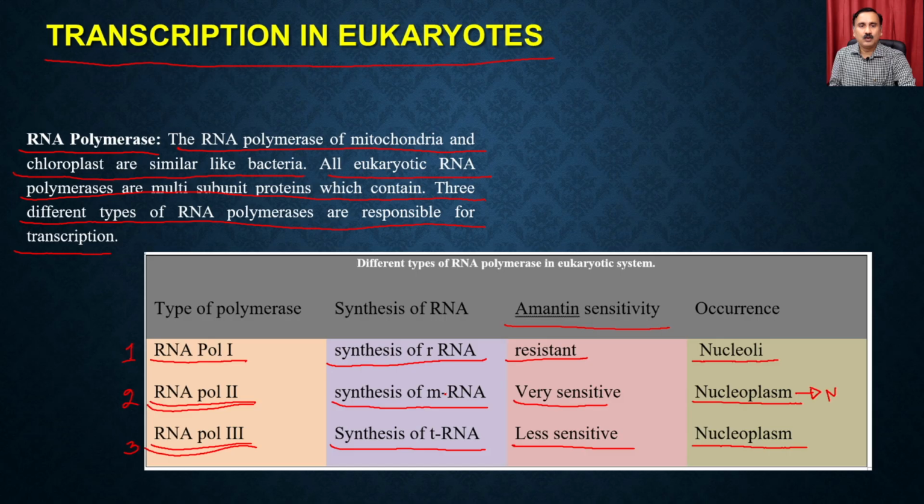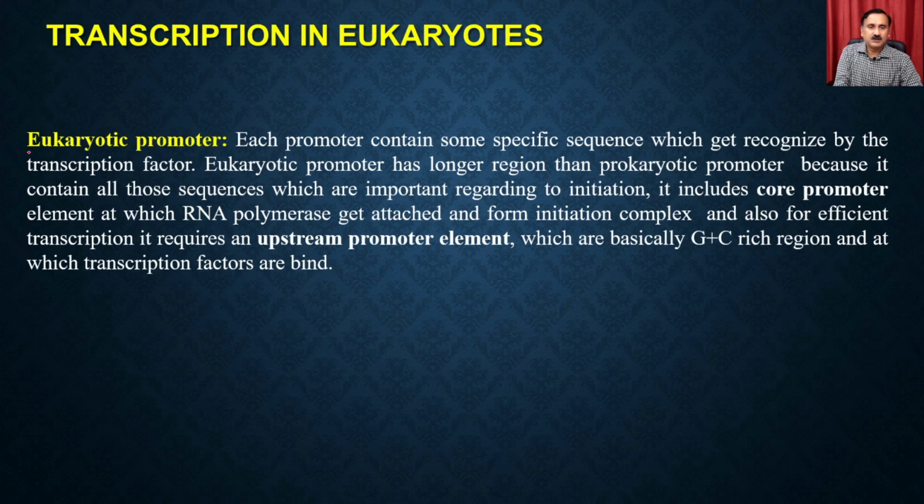Then apart from that, you also have the eukaryotic promoters. Each eukaryotic promoter contains some specific sequences which get recognized by the transcription factors. Remember that in prokaryotic transcription you have a similar kind of arrangement, like the -10 box, the -35 box, and the TATA box.